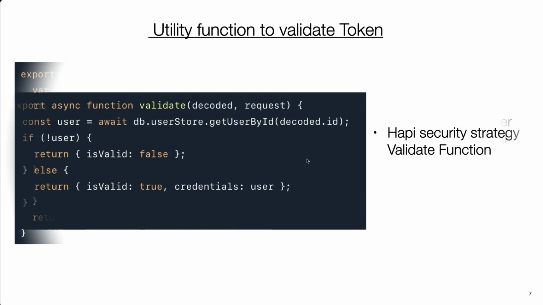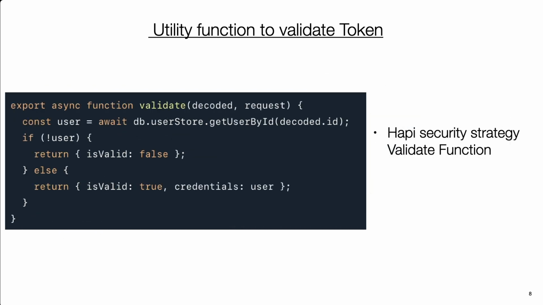One more function then we'll write, validate a token. And this is where we hook into the Hapi system. We've written a function like this for the cookie authentication. We'll reprise that in a moment.